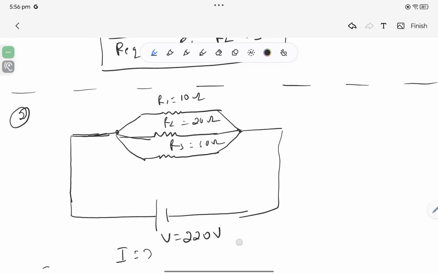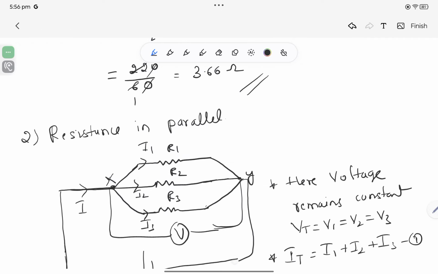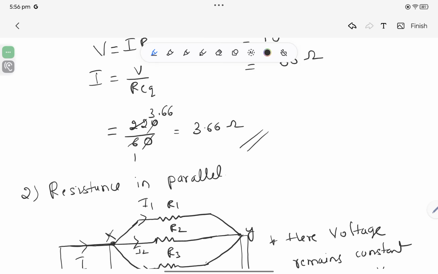Current is ampere. I is equal to 40.33 ampere.